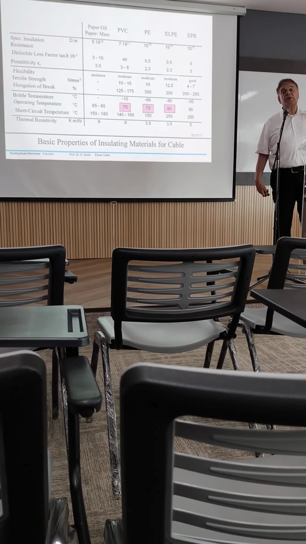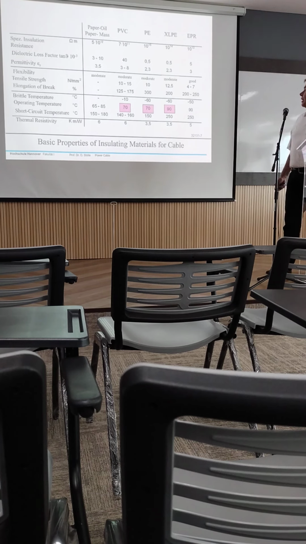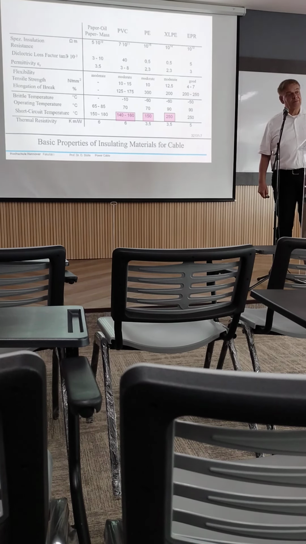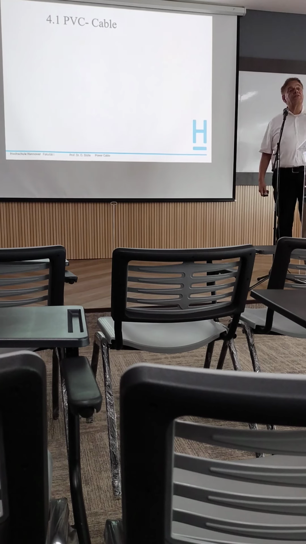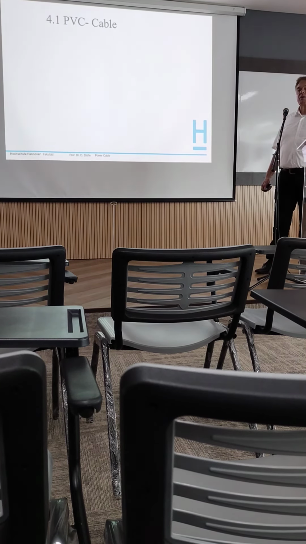That means that we can transport more electrical power with the same cable system, because we can increase the maximum temperature. As well, the short-circuit temperature for XLPE cable we can increase. So now, let's talk a little bit about the different materials, just to get an idea of them.